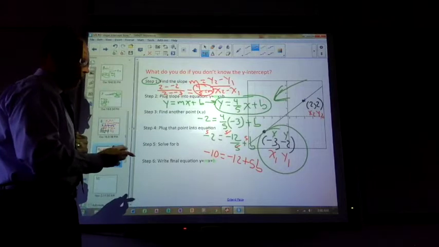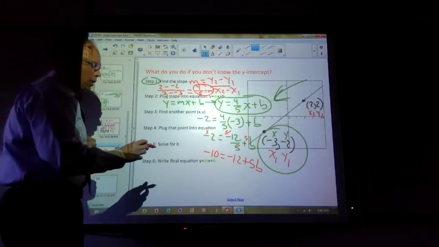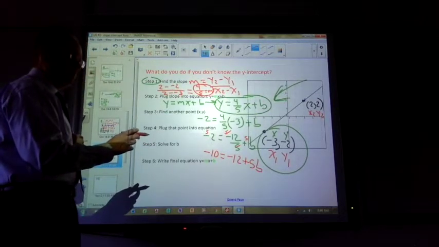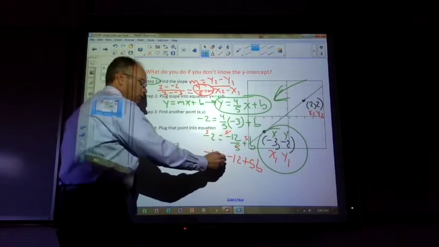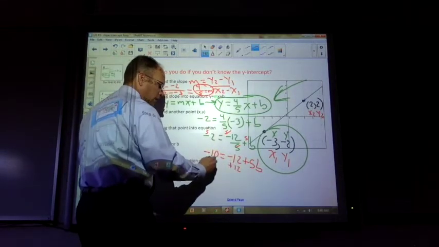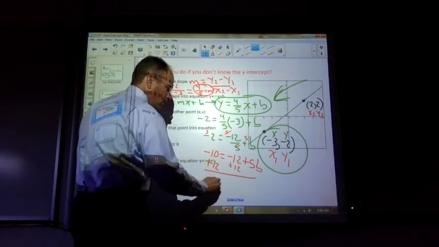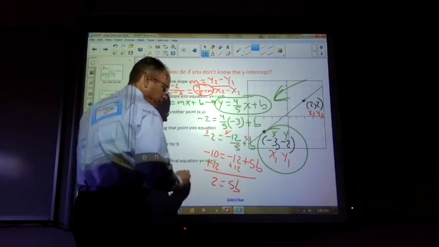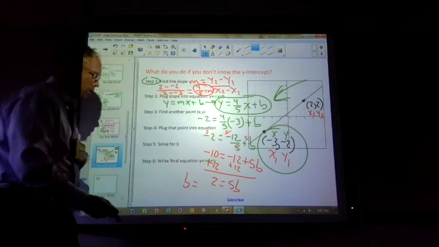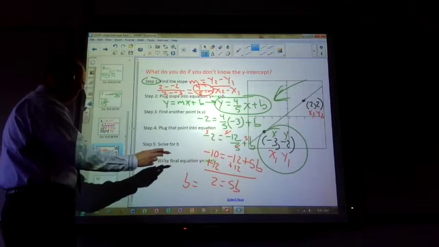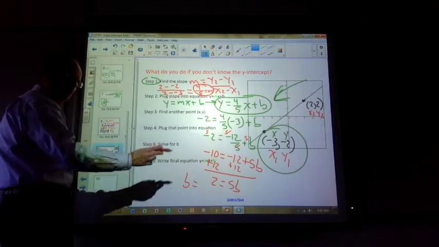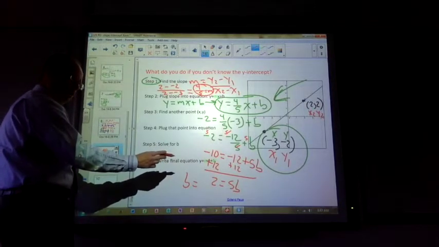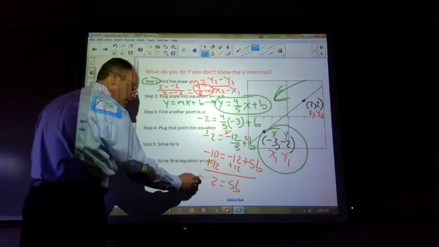How am I going to get b by itself right there? Nope. Before that. Add 12. So I'm going to add 12 here, add 12 here. So 2 equals 5b. So b is equal to what? 2 over 5.